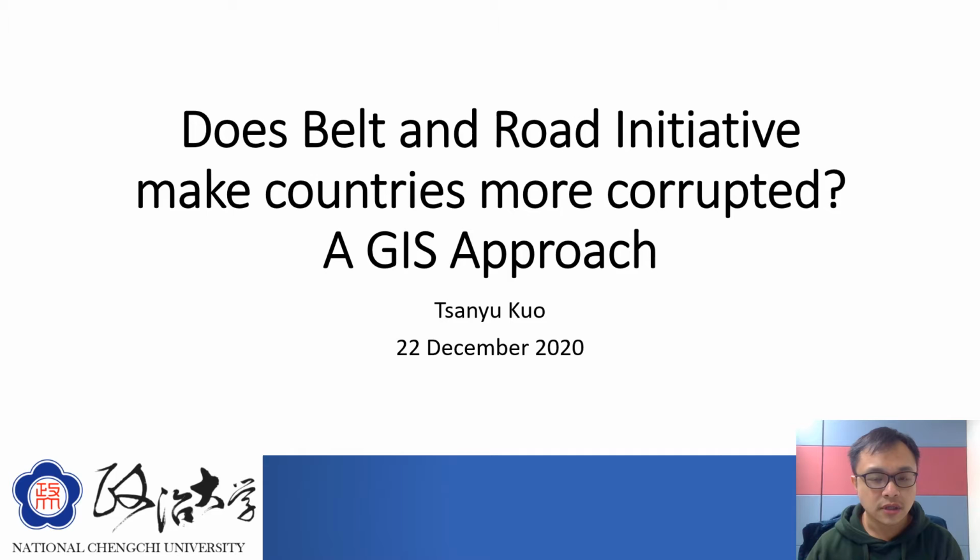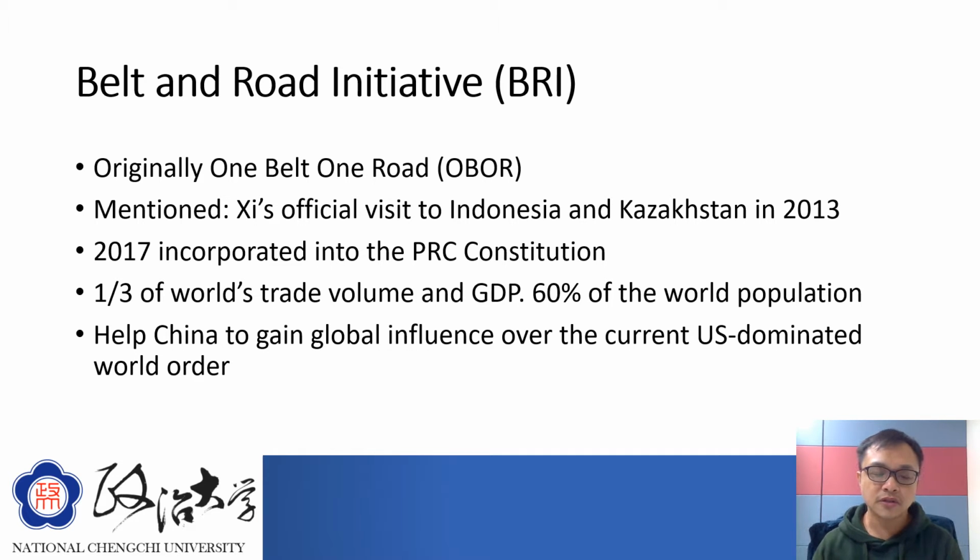Starting off, I'll introduce a little bit about the Belt and Road Initiative, BRI. It was originally called One Belt, One Road. There's one Silk Road, which goes by land from China all the way to Europe, and another sea belt that goes on the sea routes from China to South Asia, the Middle East, and then heading to Europe, also going through East Africa.